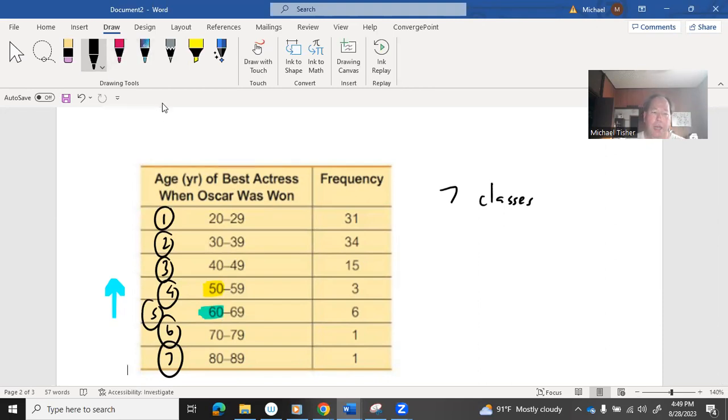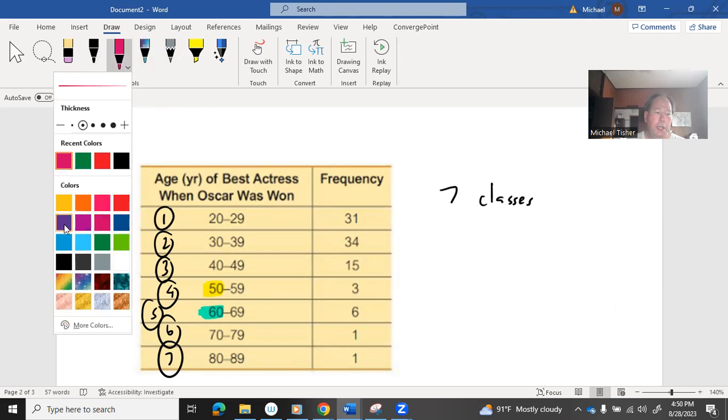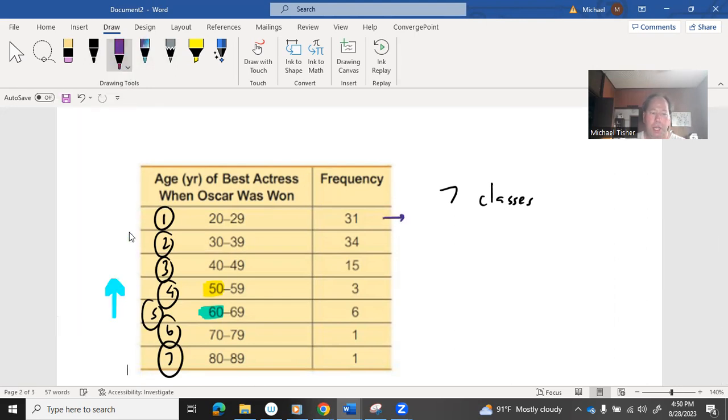So we really have ages 20, 21, 22, 23, 24, 25, 26, 27, 28, and 29. And that's actually 10 ages, right? So we really have 10 numbers in the first class, which are the 10 ages.